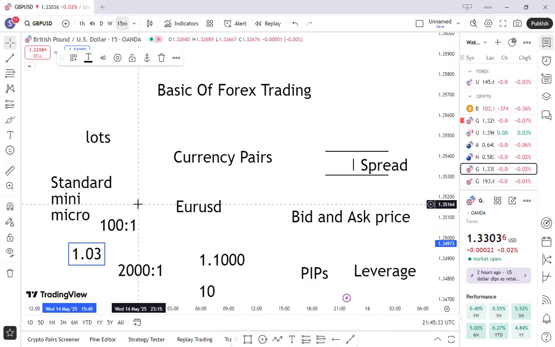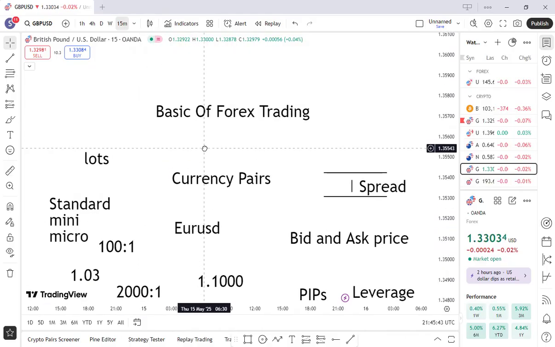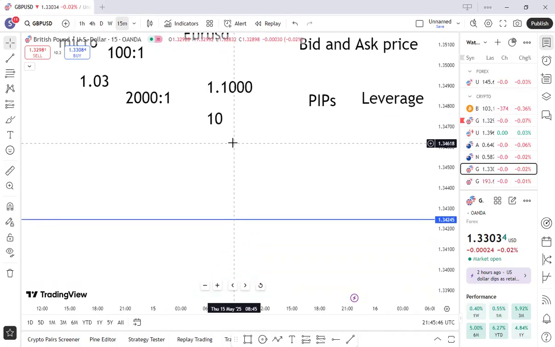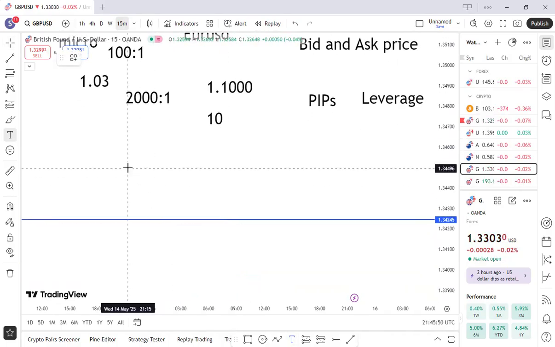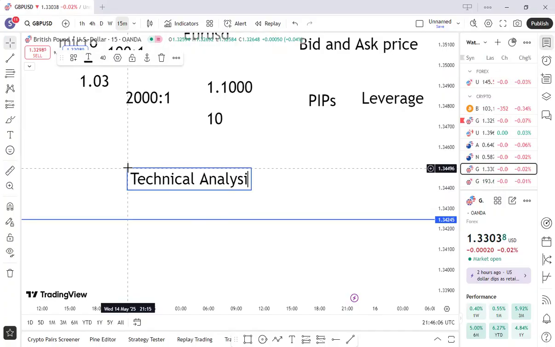So we'll be diving in more by talking about the types of forex analysis. We all traders analyze differently. I'll be discussing the technical analysis, the fundamental analysis, and the sentiment analysis.